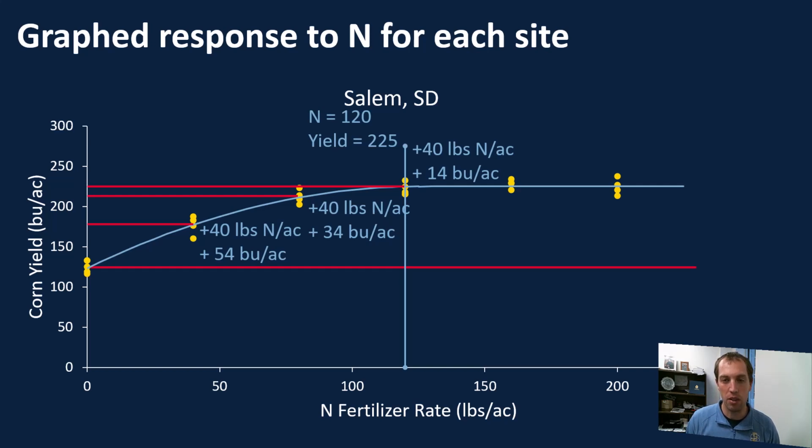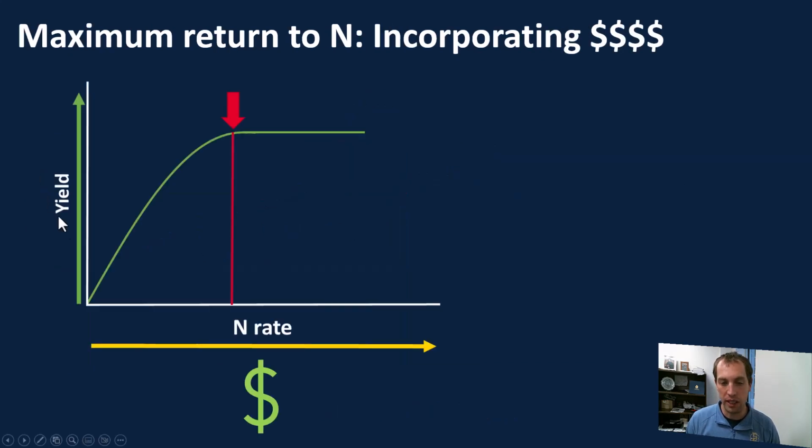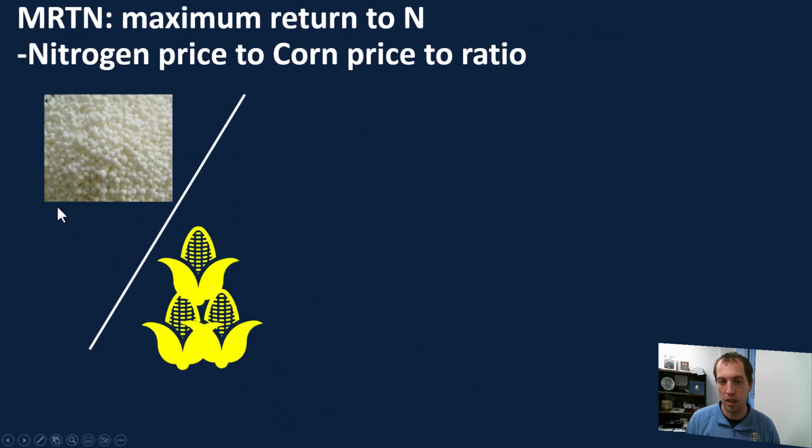So what maximum return to nitrogen does is look at yield, but also nitrogen rate and nitrogen cost, as well as the price of our yield. We looked at multipliers before, that coefficient or multiplier of 1.0 pounds of nitrogen per bushel of corn. Instead of looking at the amount of urea or nitrogen fertilizer per corn bushel yield, now we're looking at price.